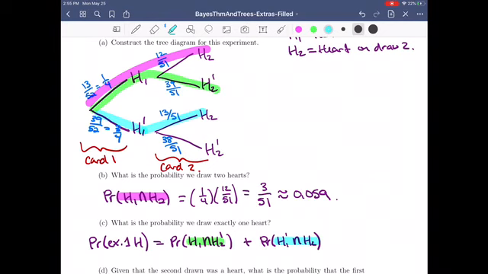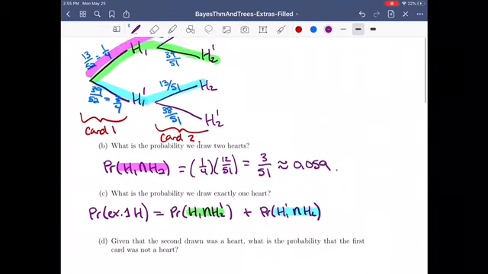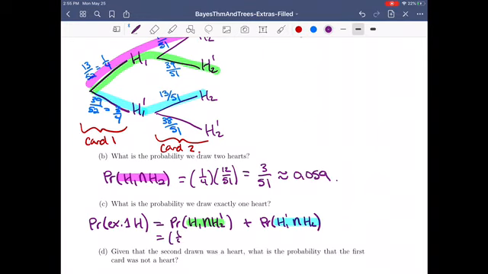Those are the two paths, and again we multiply along the paths. The first one is 1 over 4 times 39 over 51, and the second one is 3 out of 4 times 13 out of 51. If you compute those together, you should get 13 over 34, which is approximately 0.3824.